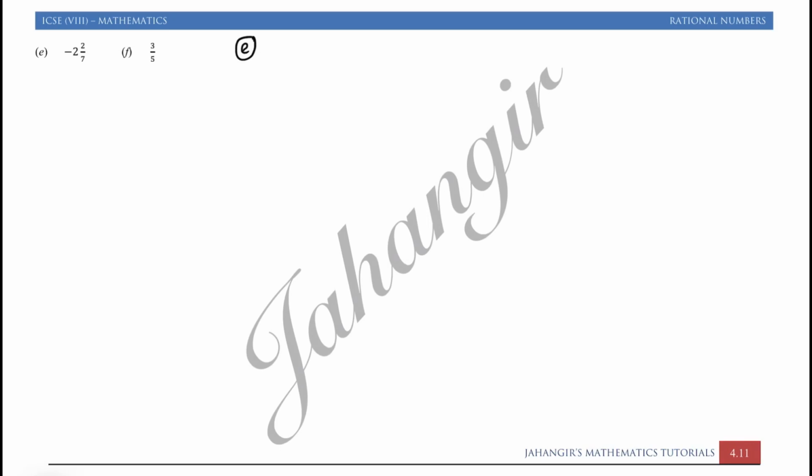E. In E what we have is minus 2 2 by 7. So this lies between minus 3 and minus 2, and in between we have 7 markings. So let us make 7 equal markings.